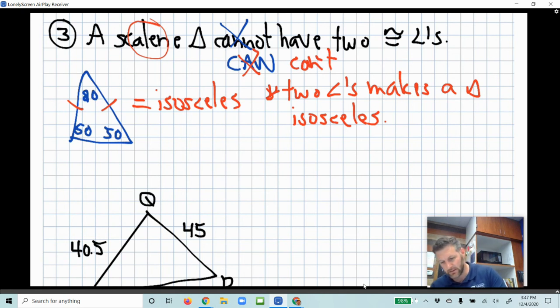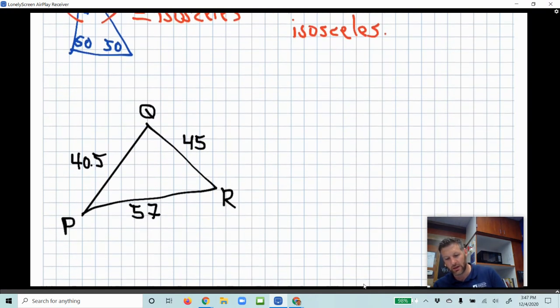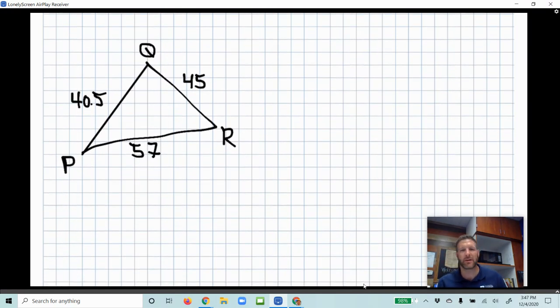A triangle can't have 2 congruent angles because then it would be an isosceles. So again, practicing indirect proof by arguing the opposite of the conclusion you're really trying to prove. Works for lots of types of arguments, not just math proofs.